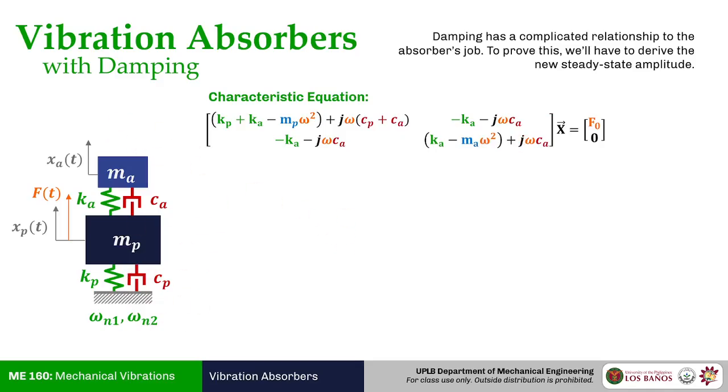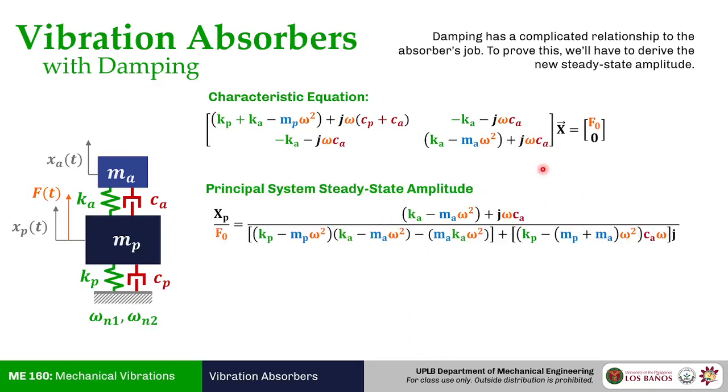And if you want to get the primary system steady-state amplitude for this case, you get this complex behemoth here. Okay, can we do this? Actually, we can, but we require some high algebraic parkour, but we'll get there.